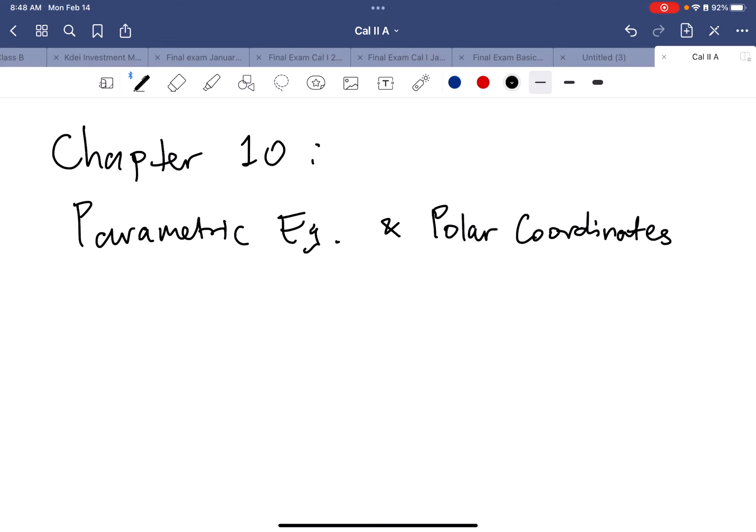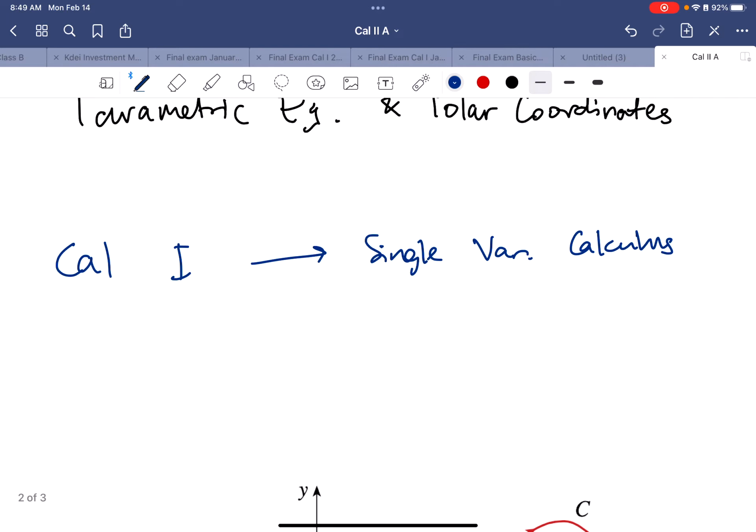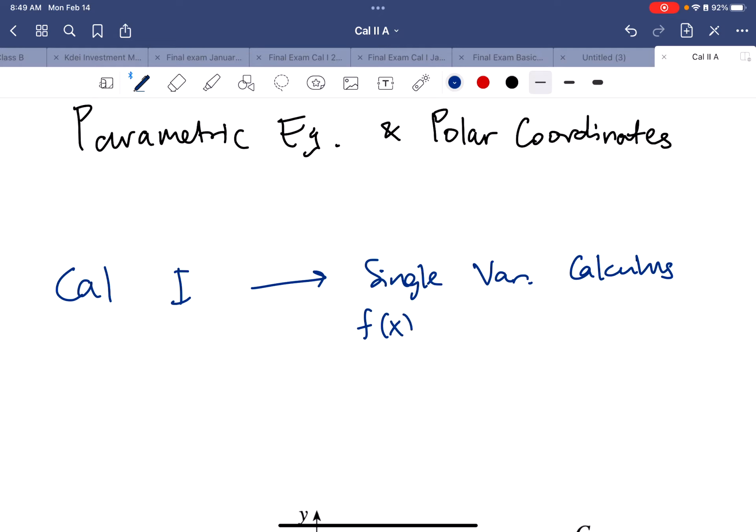Okay, as I mentioned before, so this is the structure. So calculus 1, we learn about the single variable calculus, okay? Which means we have our functions and we have just one variable most of the time.